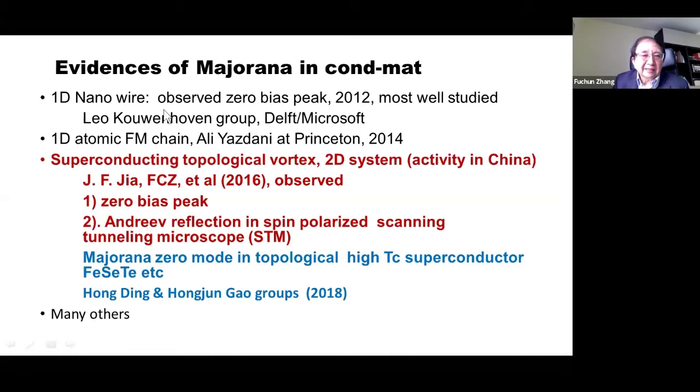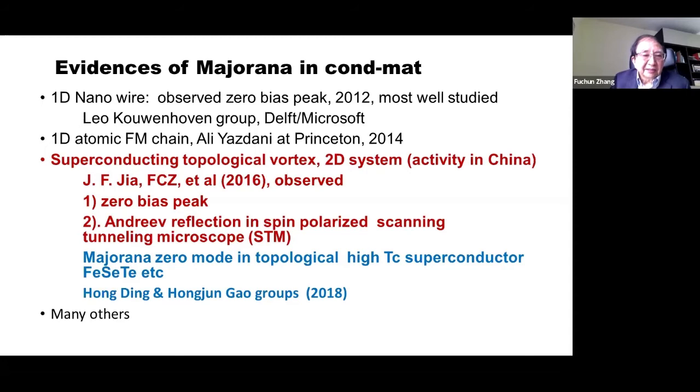That study has been led by Leo Kouwenhoven and Charlie Marcus, two groups, for instance Leo in Delft and Microsoft. The second interesting realization is in a one-dimensional atomic ferromagnetic chain. That has been studied by Ali Yazdani in Princeton, who reported the first one in 2014.